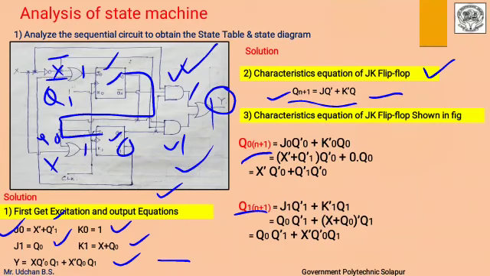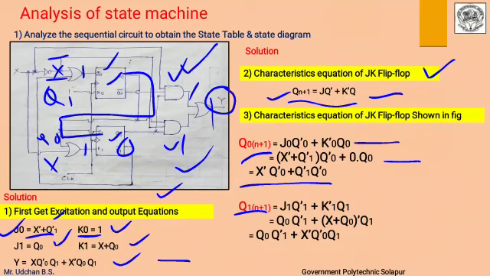I have only replaced J with J0, K with K0, Q with Q0 and Q complement with Q0 complement for the next state output equation Q0 n plus 1. Now in this equation put the values of J0 and K0. We already know the values of J0 and K0. Those values are replaced in this equation. So after calculating we get the next state equation for Q0 as X bar Q0 bar plus Q1 bar Q0 bar.